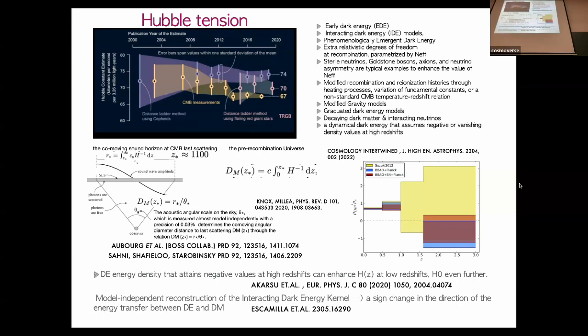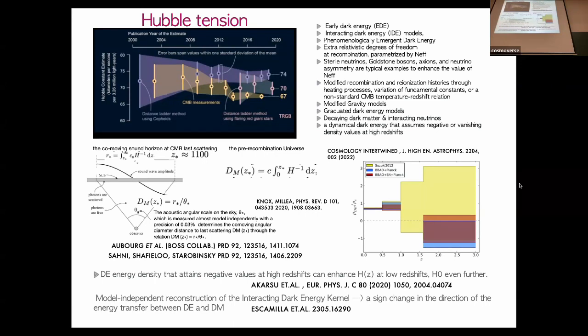Another clue about dark energy, this is the BOSS collaboration paper. This is the first model-independent way of getting something about the behavior of dark energy. We have seen that there is a negative energy density at high redshift. The data favors negative energy density at high redshift.